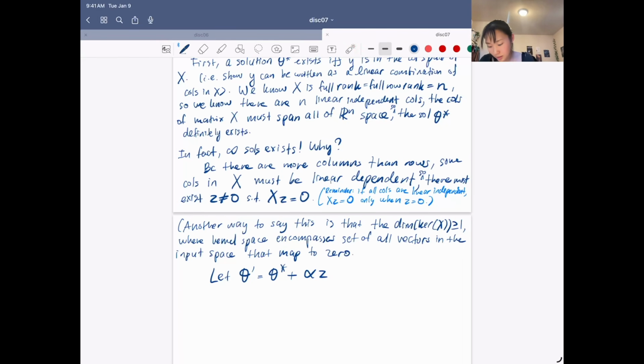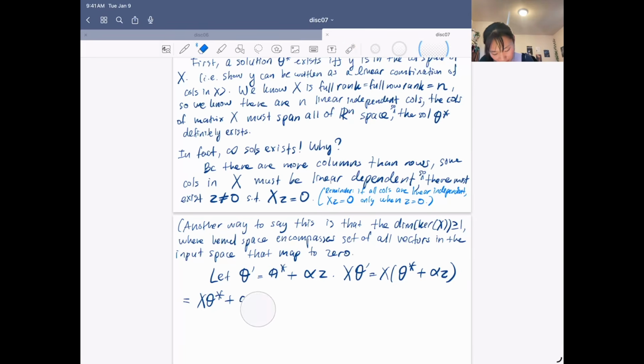And we can say that if this holds, then X theta prime is equal to X theta star plus alpha Xz. We can distribute this. Oops, did I write something wrong?